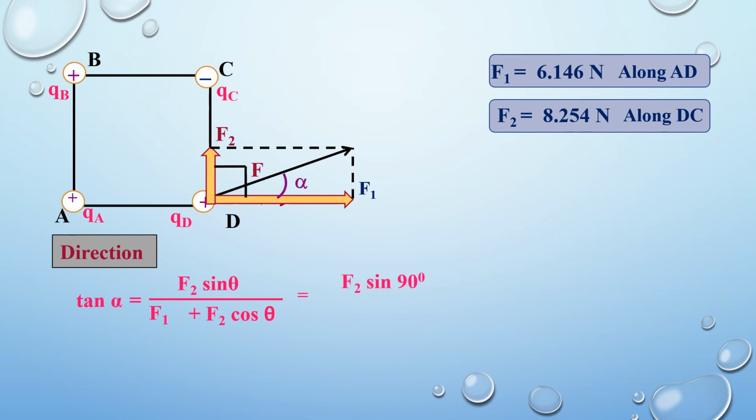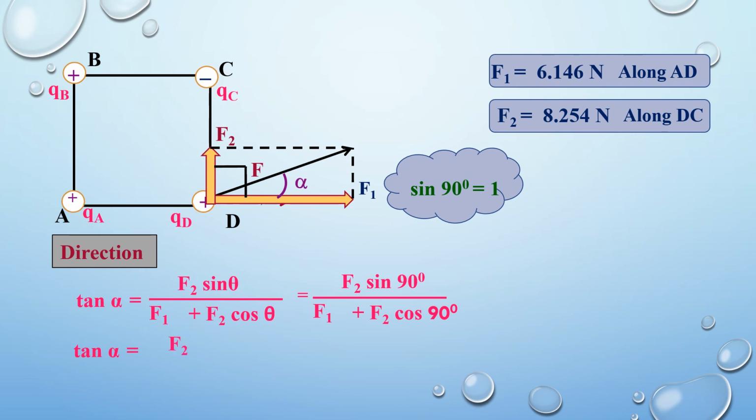Substituting the values, we get F2 sin 90 upon F1 plus F2 cos 90. We know cos of 90 is equal to 0, and sin of 90 is equal to 1. So your term is only tan of alpha is equal to F2 by F1.